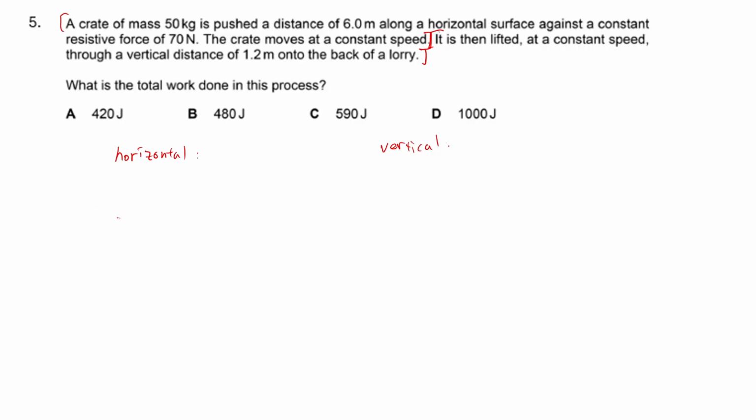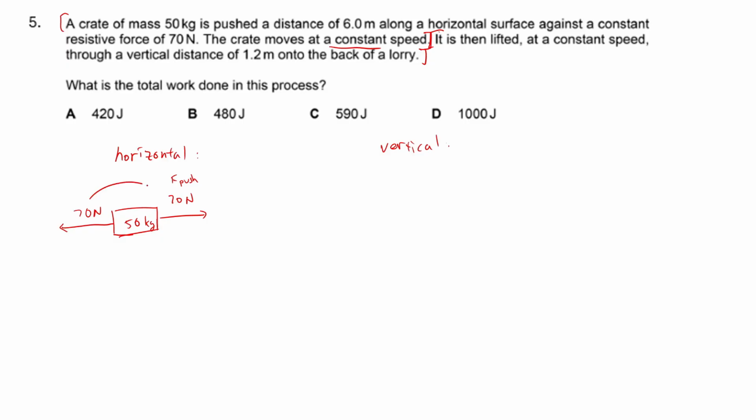Let's draw a diagram. So the box here, the 50 kg, and then we have a resistive force of 70 newtons. Let's say we're going to the right. And the crate is moving at a constant speed. So that means that the push force is also 70 newtons, because it's a constant speed.